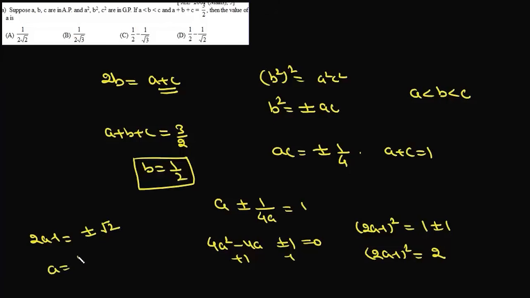So this a will be 1 by 2 plus minus, now root 2 upon 2 is 1 by root 2. Since this a has to be less than 1 by 2, the only value of a possible here is a equals 1 by 2 minus 1 upon root 2, and that's your option D.